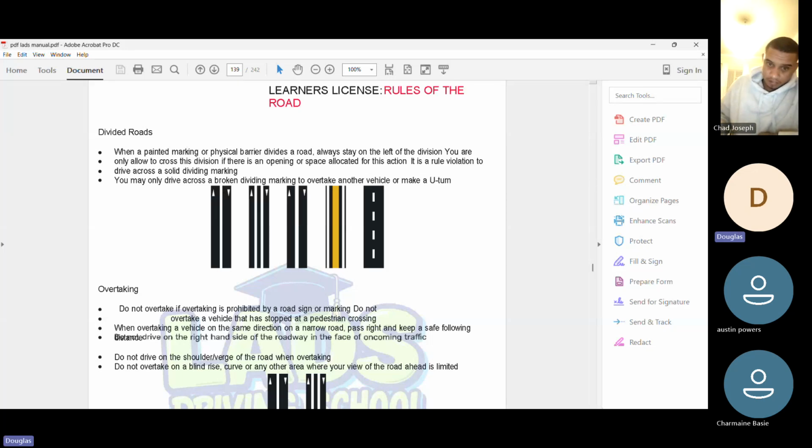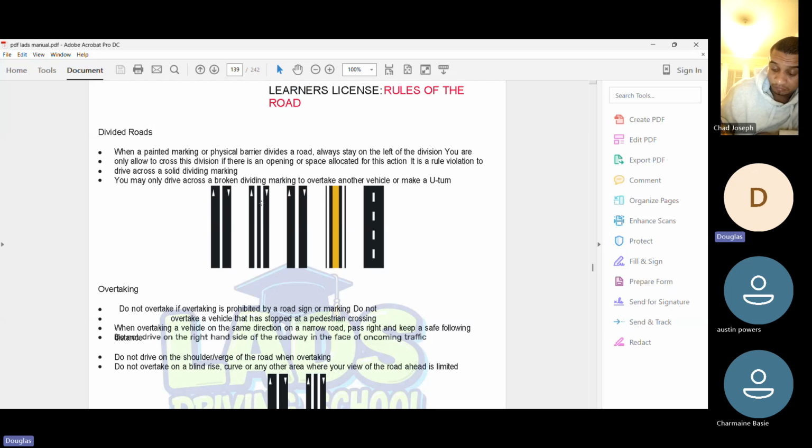Then you have also a road that has two solid lines. Also the same thing, you're not allowed to overtake or cross to the other side when you're on this road. The difference is this.